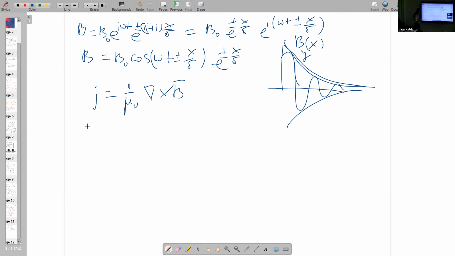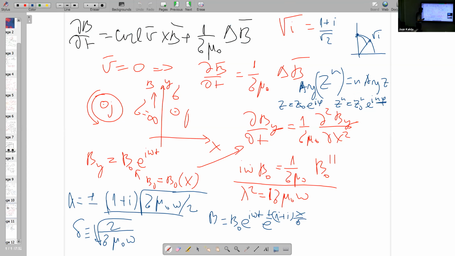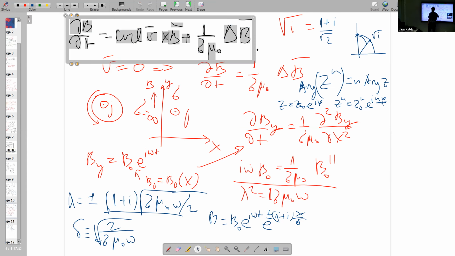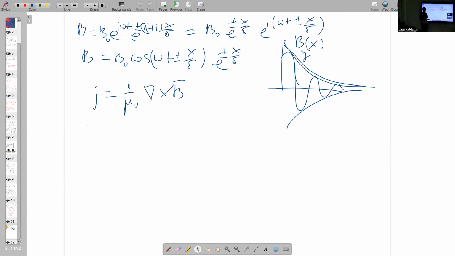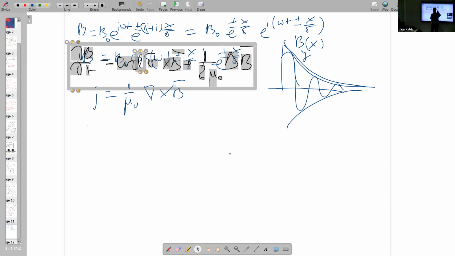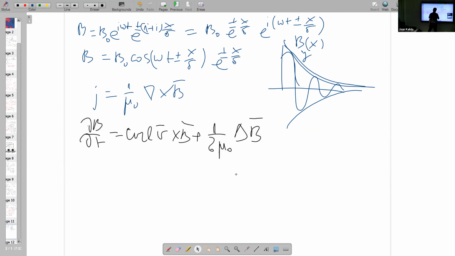So if we have that previous equation, I again need to copy it once again. Then we had one term which corresponds to the skin effect, and the other term we still need to figure out what it is.